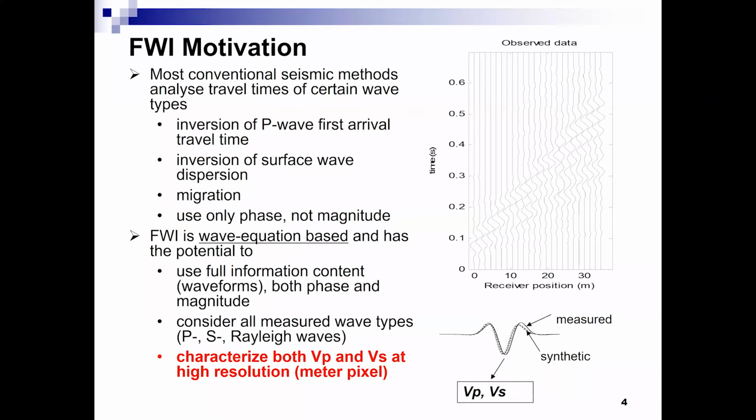Full waveform inversion has potential to consider all measured wave types: P wave, shear wave, Rayleigh wave. And it has potential to characterize both P wave and shear wave velocity profile at high resolution, down to 20, 30 meter pixel. Shown here is an example of real measured data in the field.